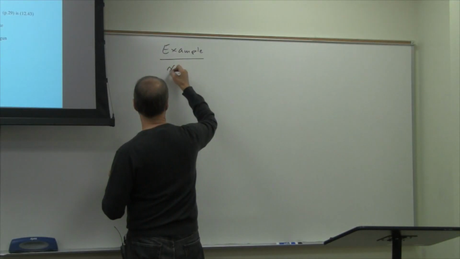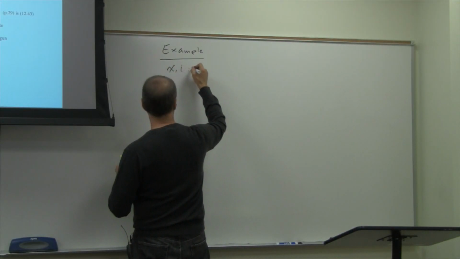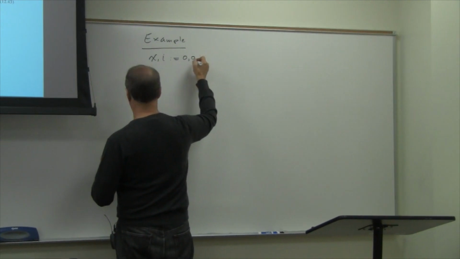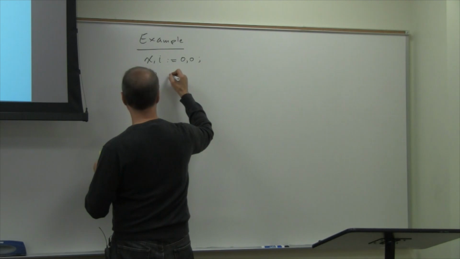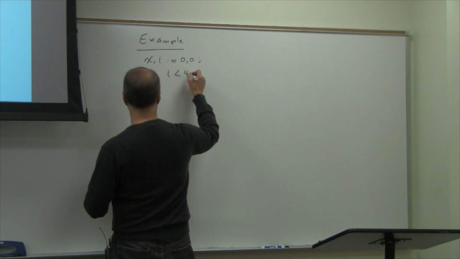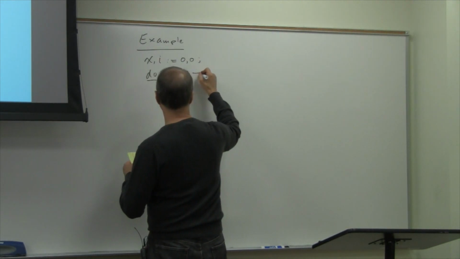Okay, and here's the program. x, i gets 0, 0, and then do, and we're going to have i less than 4. That's the guard.